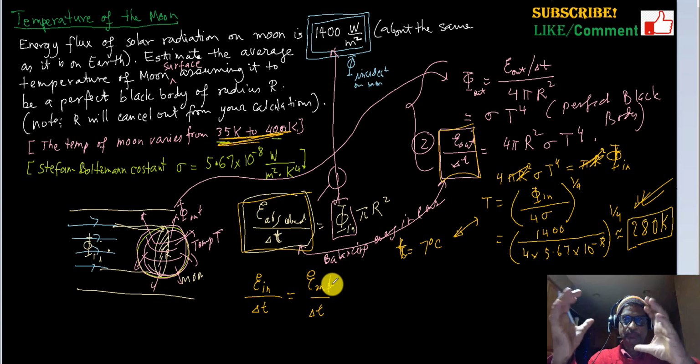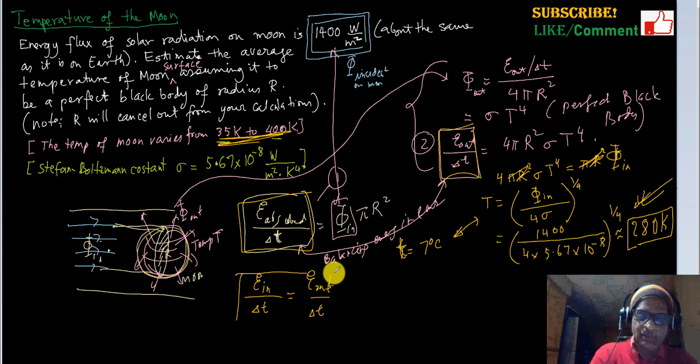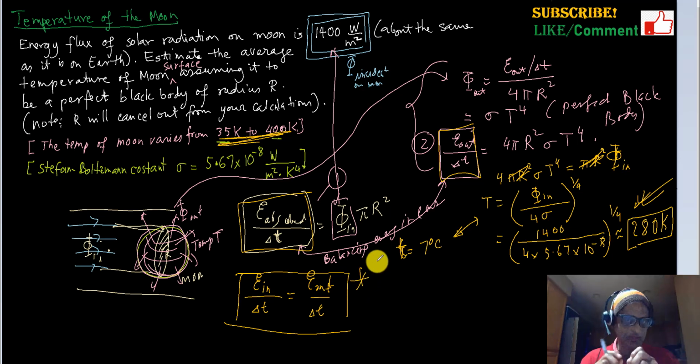And so this led to the entire moon being at a steady state. This is a very important principle and solves a lot of problems when you come right down to it, because you try to balance the energy in and energy out.